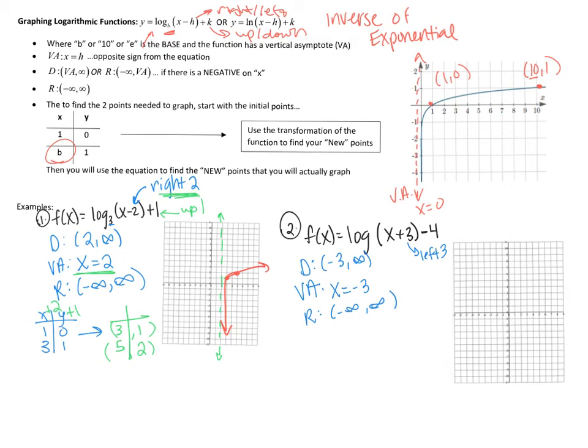So let's come up with our table now. So our table is 1, 0. The base, which, wait a second, there's no number there. So one thing that we have to know about in a log function is that a log, see where it says where b or 10 is the base. E is when I have a natural log.